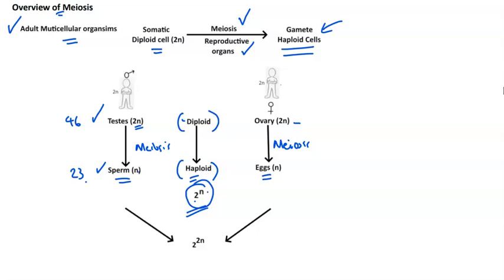Now, n equals 23, and therefore for human beings, 2 to the power 23 is the equivalent of approximately 8.6 million different arrangements of chromosomes in the half set of chromosomes. Of course, that's equally true of the egg cell. 2 to the power 23 means that the biological female is capable of producing 8.6 million different arrangements of chromosomes in her egg cell.